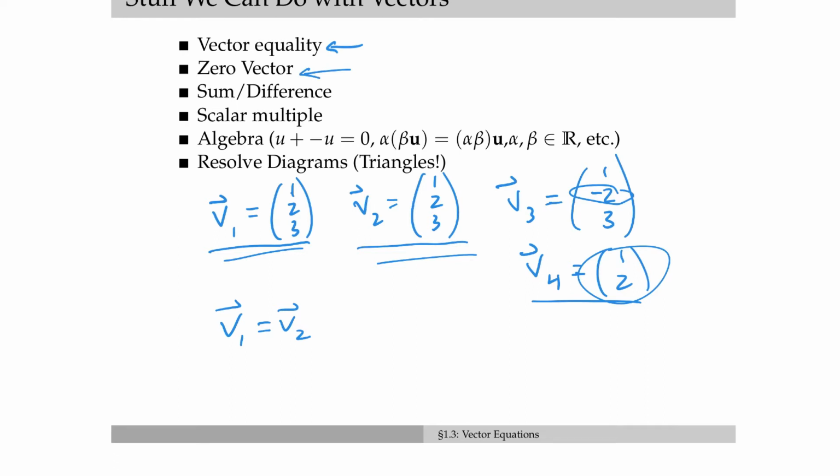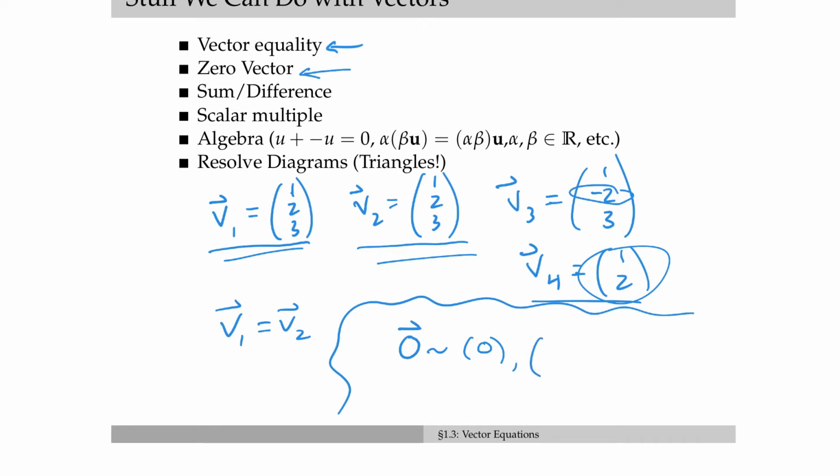Next up, the 0 vector. Well, the 0 vector is nothing more than a vector made of zeros. And we'll write it like that, a 0 with a harpoon on top. Now, if you think about it, that's going to be extremely ambiguous because if I'm in one dimension, well, that's just 0.